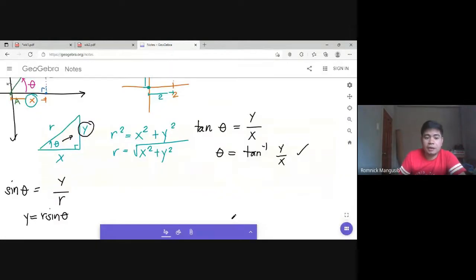And for x naman, natural, it will turn to be cosine theta. Bakit? Because that x is the adjacent side of the angle theta. So x over r, hypotenuse. X therefore, x now is equal to r cosine theta.